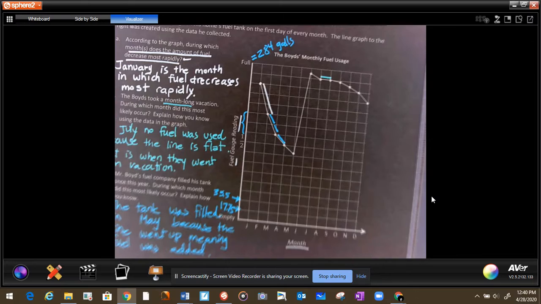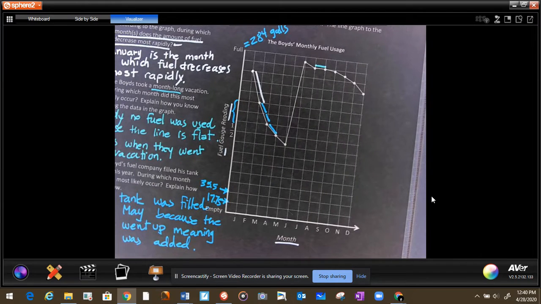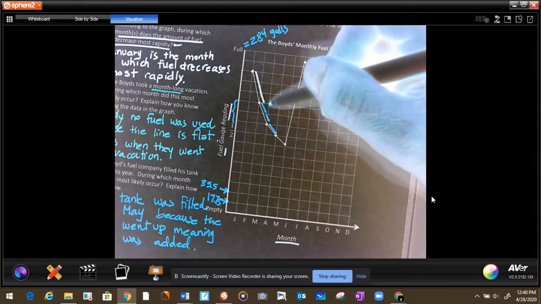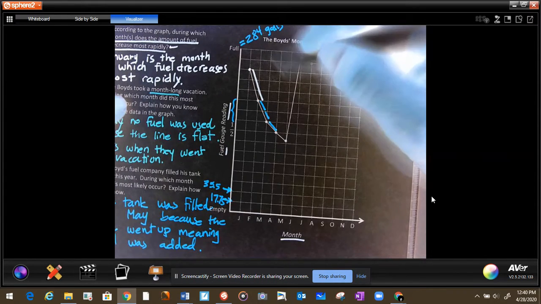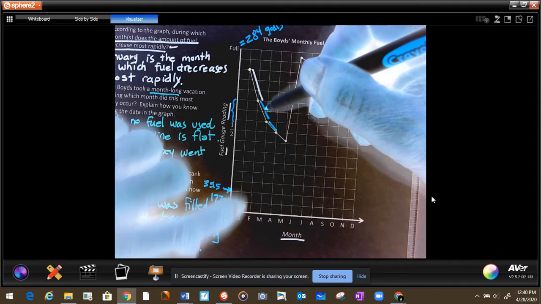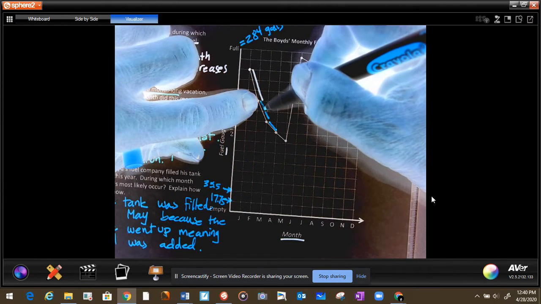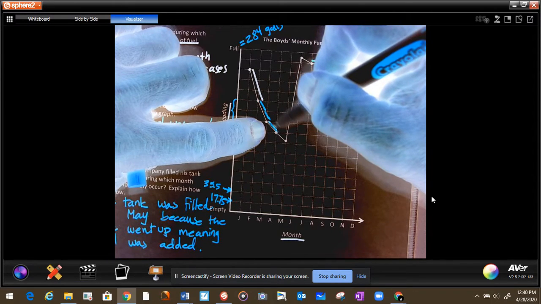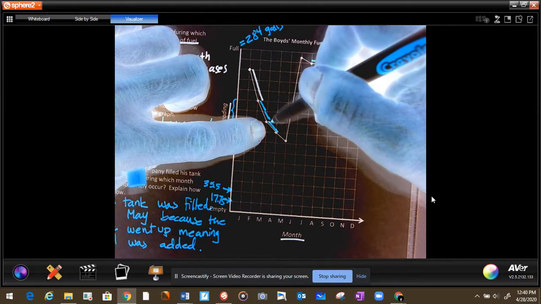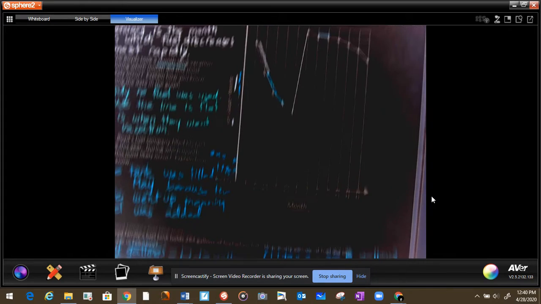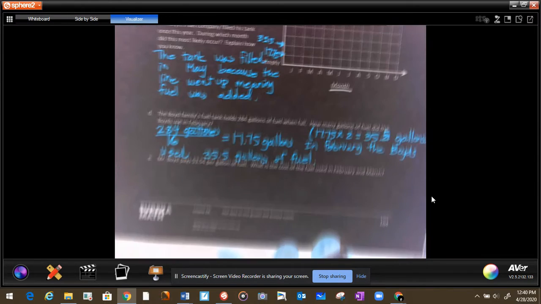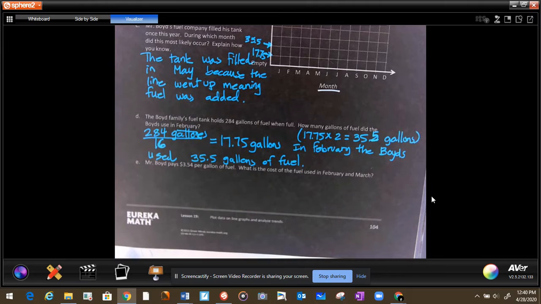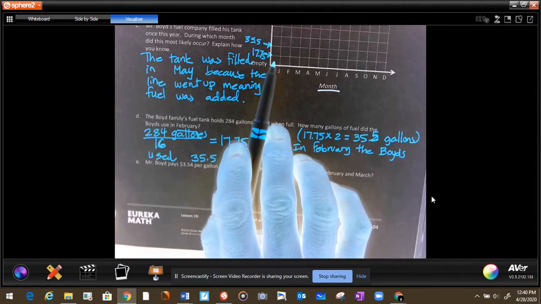Oh, my bad. I'm not showing you the graph. So it's asking us what is the cost of fuel used in February and March. This is what I did when you were not looking. This is February. We're going to start in February. Use 1 unit, 2 units, and then all the way to March, that's going to be 3 units. So now we have to multiply those 3 units by each of these markings.